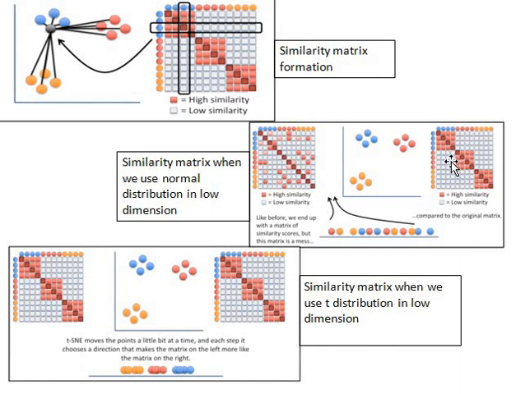So we can see that when we apply normal distribution in the high dimension, our similarity probability looks like this. But when we apply normal distribution in the low dimension, our similarity probability will look like this. It does not preserve the local distances. That's why our similarity probability does not look like our similarity probability in the high dimension.